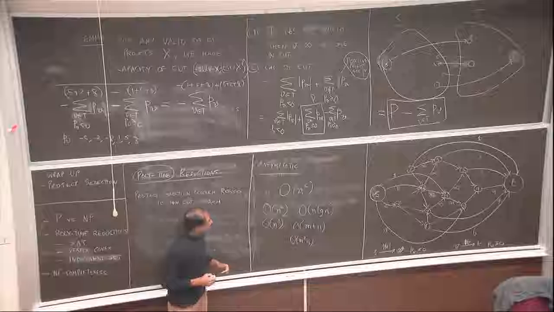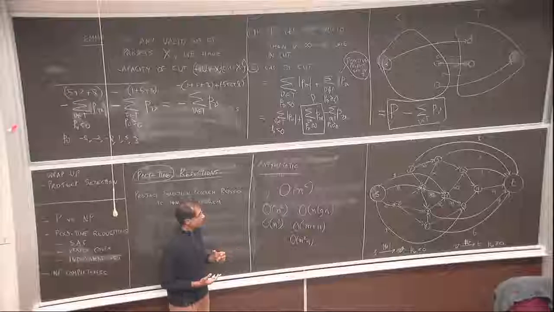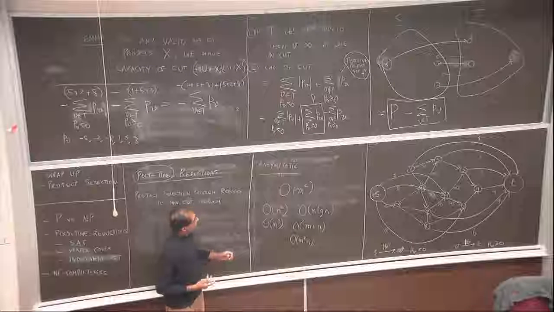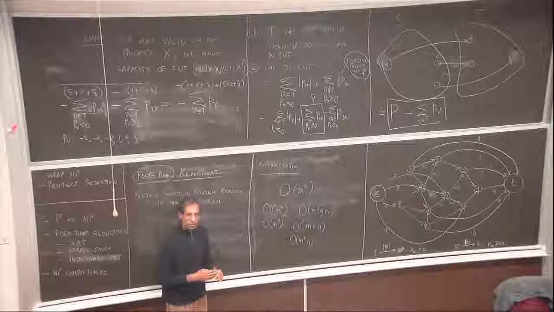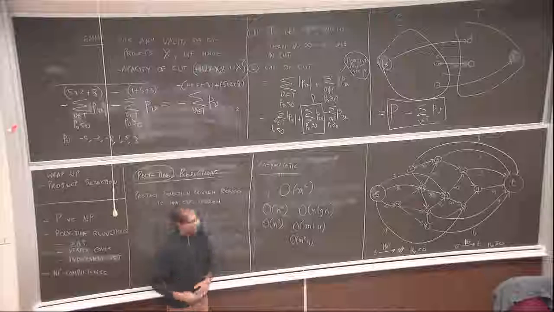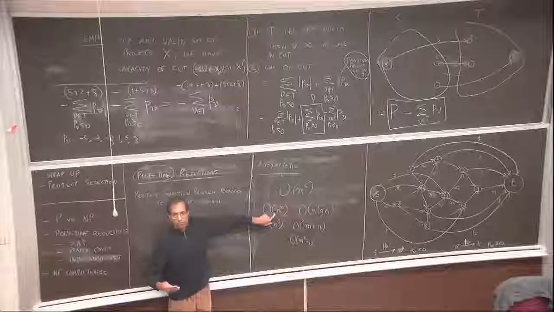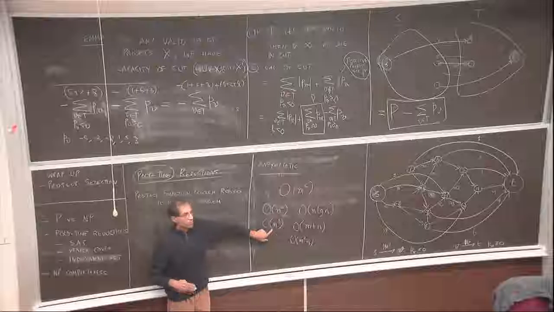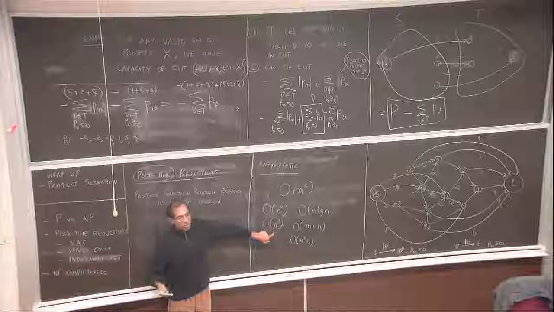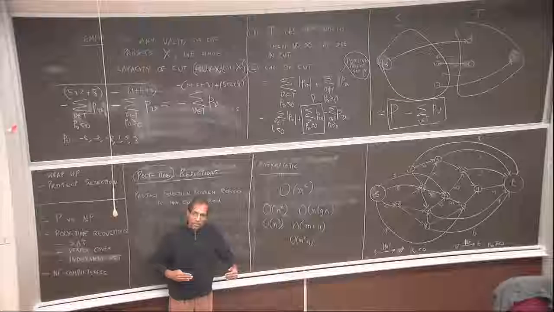One of the reasons the polynomial time story is compelling is, basically, if the input size doubles, then the running time here increases by a factor of 4. Here if the input size doubles, the running time increases by a factor of 8. So whenever the input doubles, the running time only increases by a constant factor.